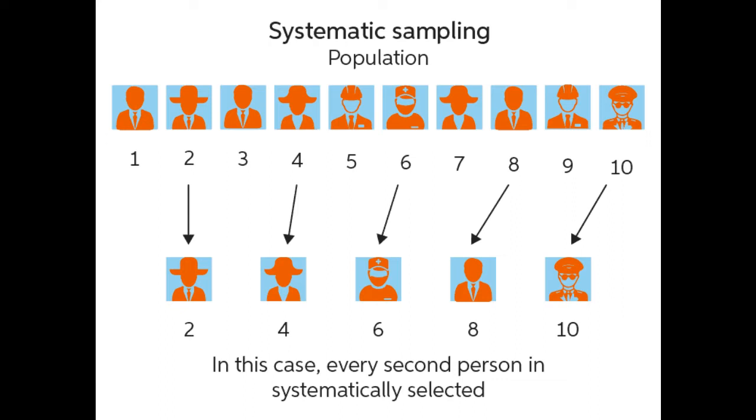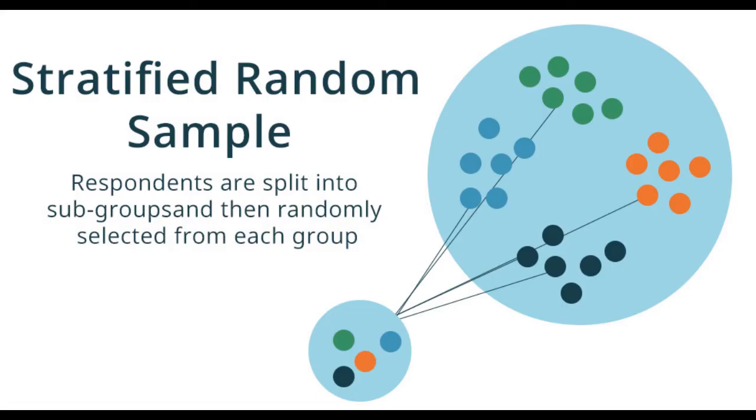From the first 10 numbers, you randomly select a starting point, for example, the number 10. From number 10 onwards, every 10th person on the list is selected, such as 10, 20, 30, 40, and so on. And you end up with a sample of 100 people.